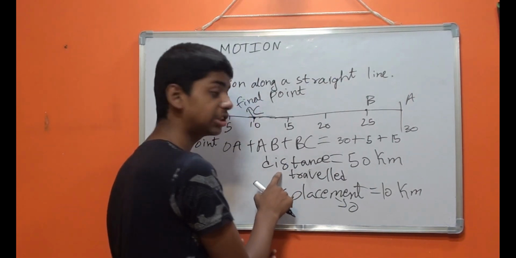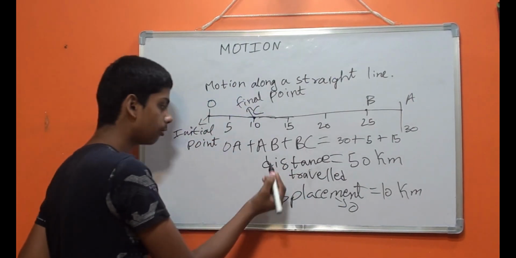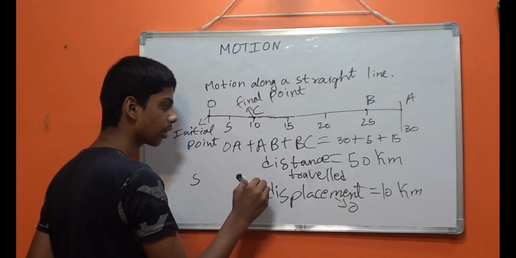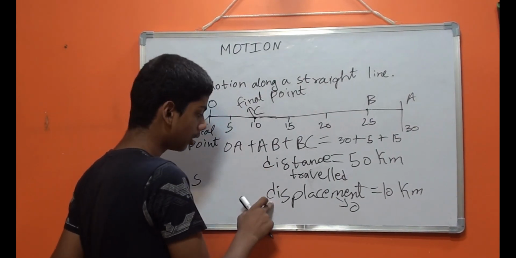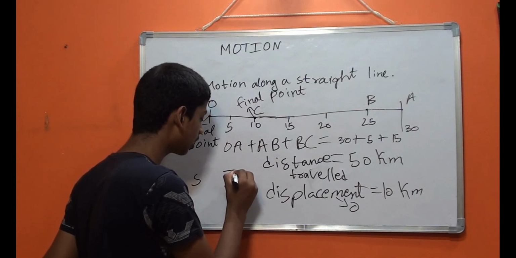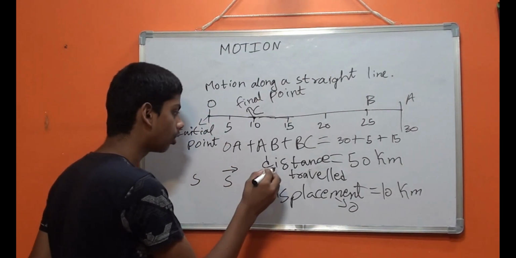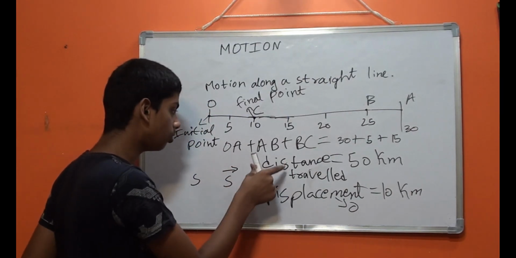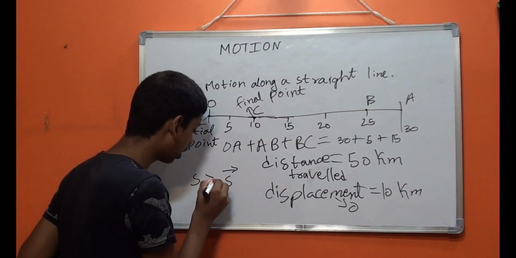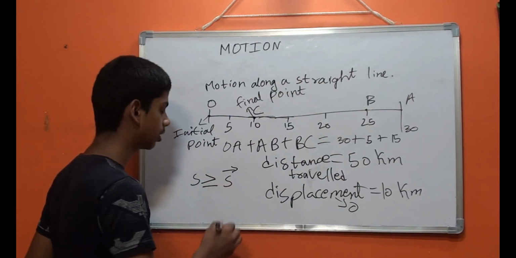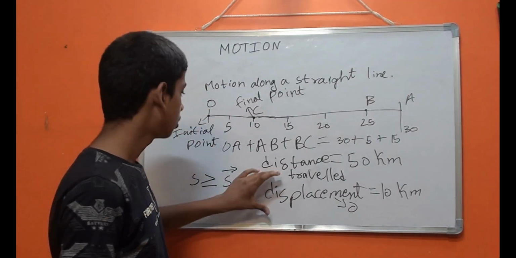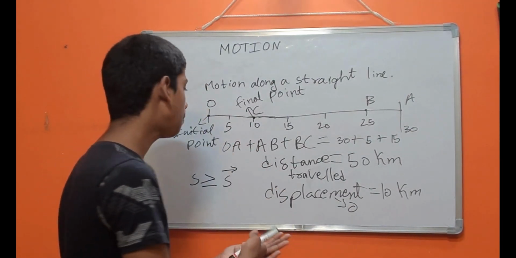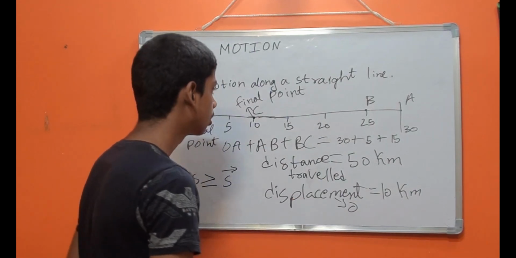Distance is denoted with the letter S. Displacement is denoted with the letter S bar. The magnitude of distance can be greater than or equal to the displacement, which means that the displacement value can never go above the distance.